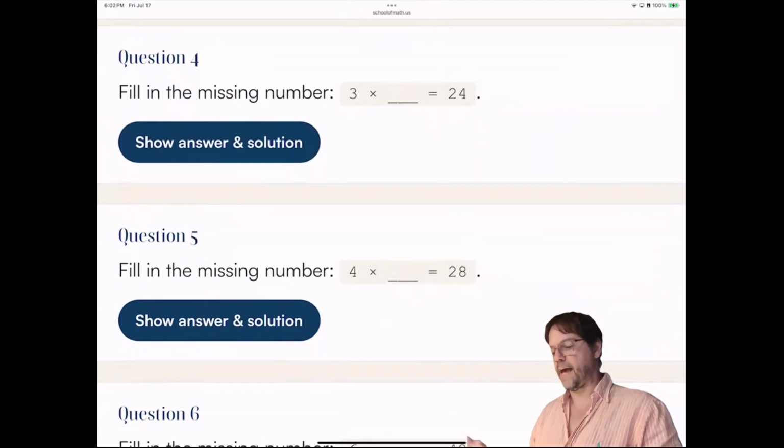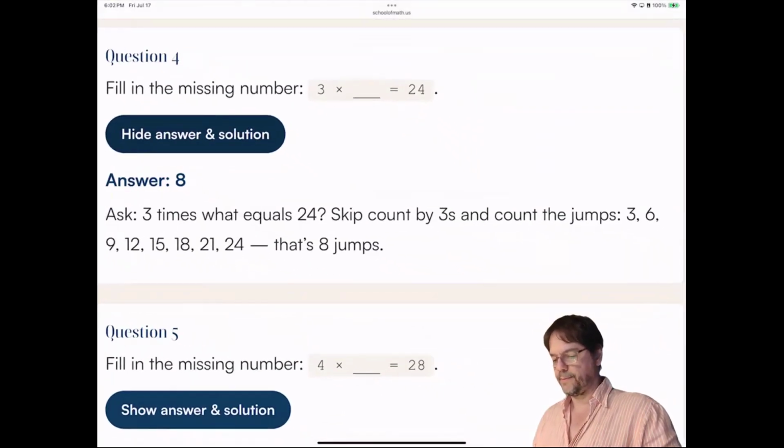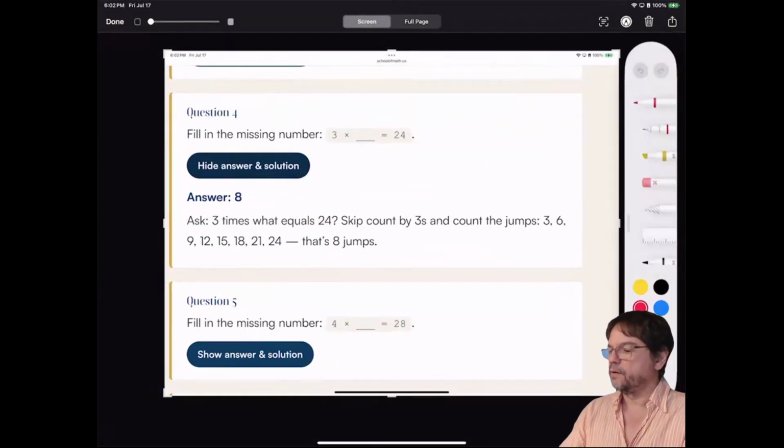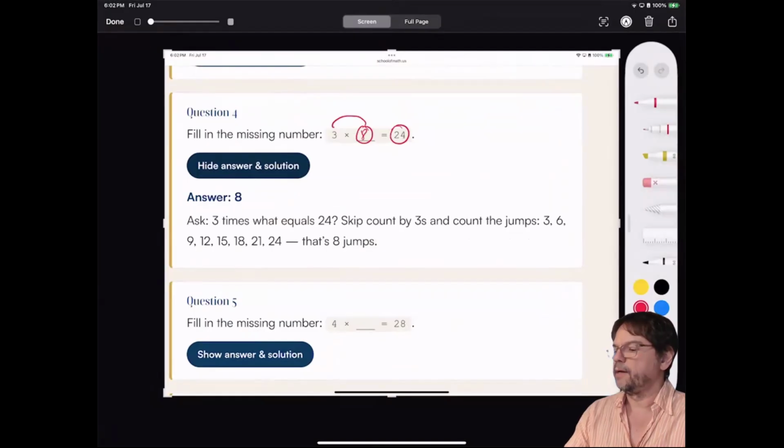Eight. Exactly. 8. Because the question is, which number times 3 is 24? So 8. Okay. I could think 24 divided by 3. Do you agree with me? Do you know division? You already know division, right? It is equal to 8.